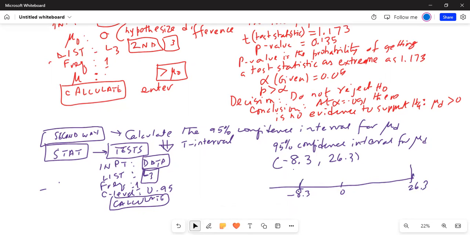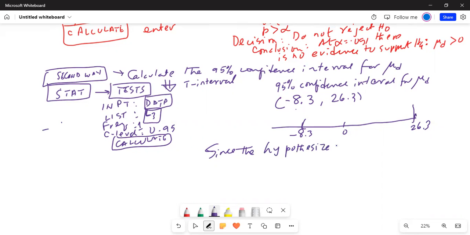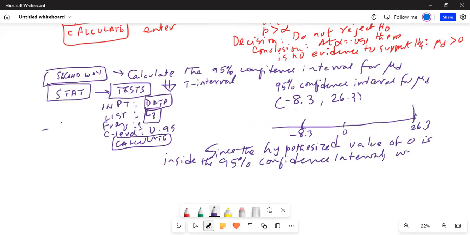So if I create some space and write: since the hypothesized value of 0 is inside the 95% confidence interval, we do not reject H0, which states mu d is equal to 0.